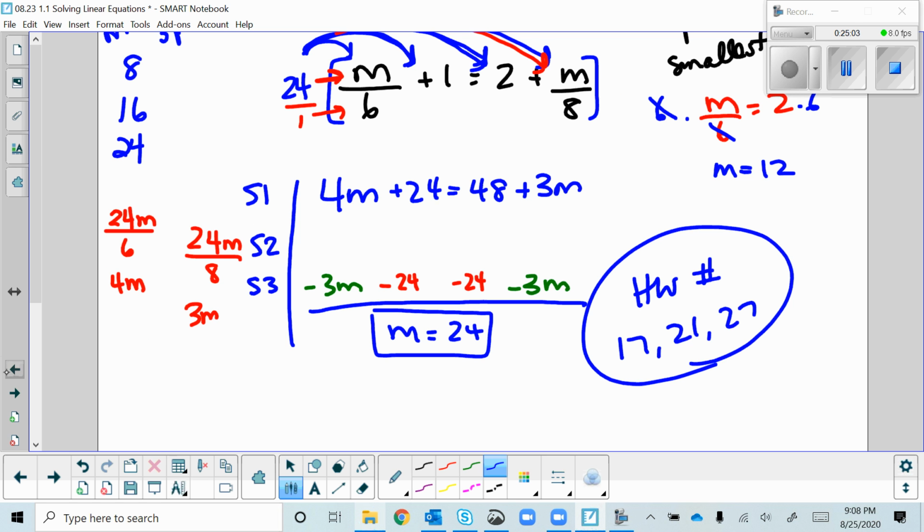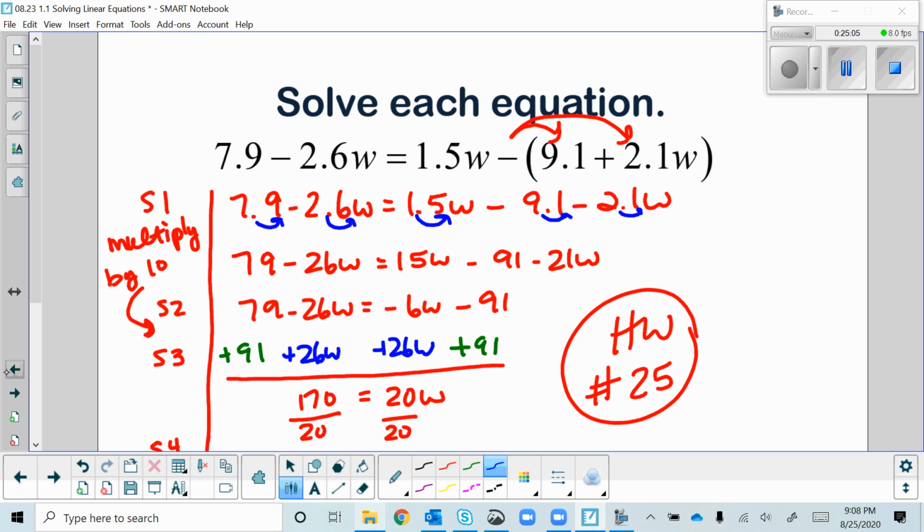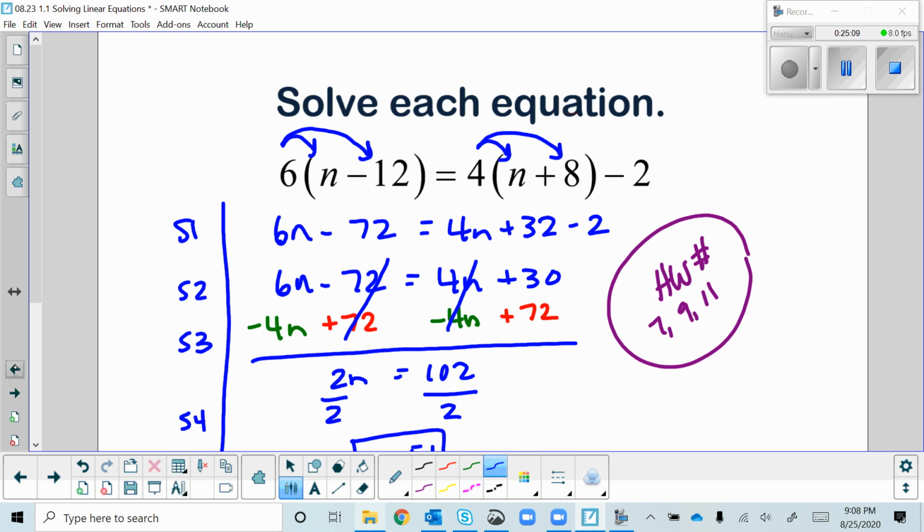And then I want you to do number 25. And I want you to do 7, 9, and 11. And the rest of them you can omit. However, on the key, I still have the answers to them, in case you wanted to work them and wanted the answers.